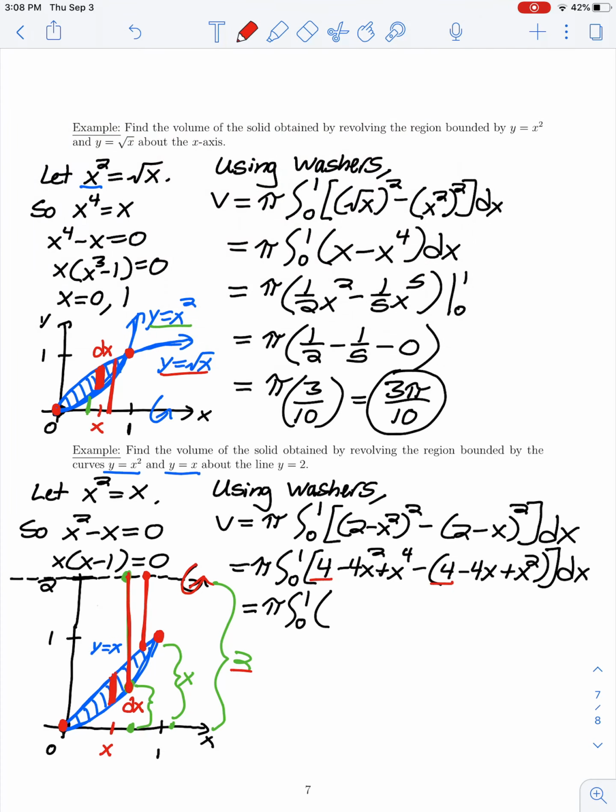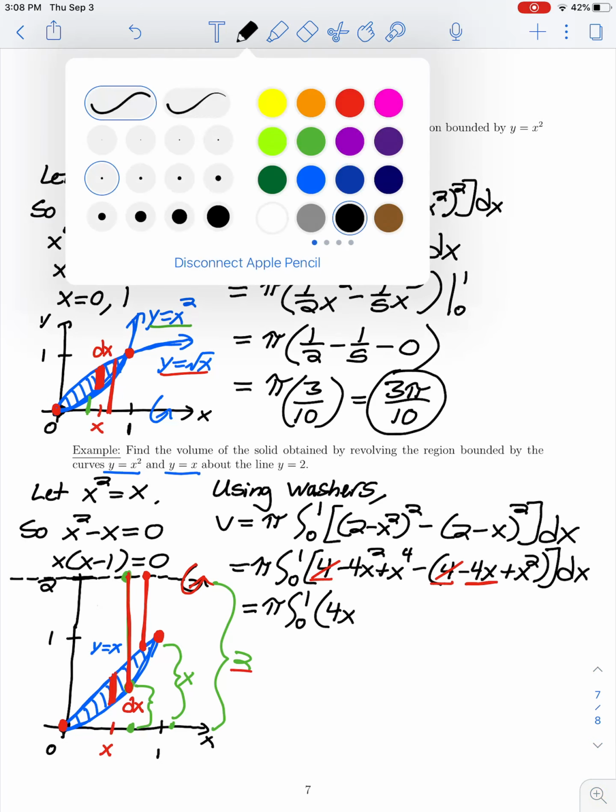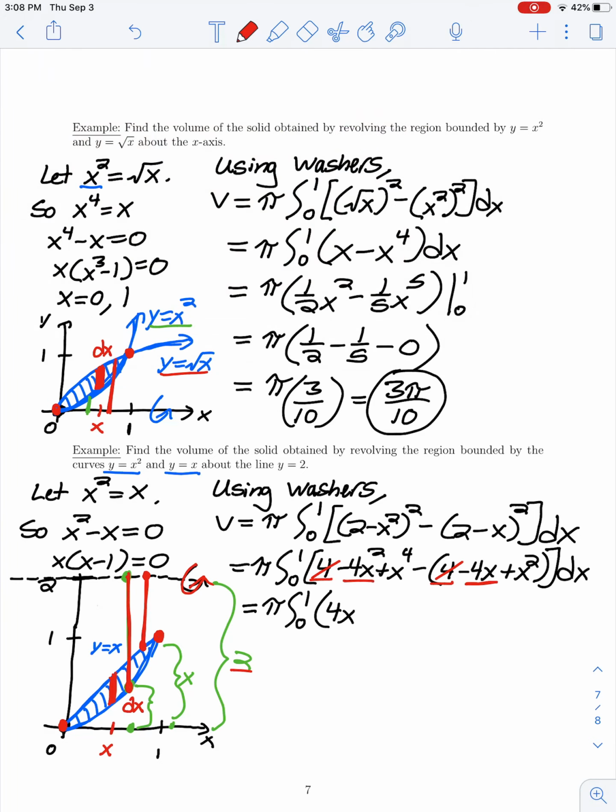So here we have a 4 minus 4, which cancel one another. Then I had a negative, or I was subtracting a negative 4x, which gives me a positive 4x. I had a negative 4x squared, and then I was subtracting another x squared, which leaves me with negative 5x squared.